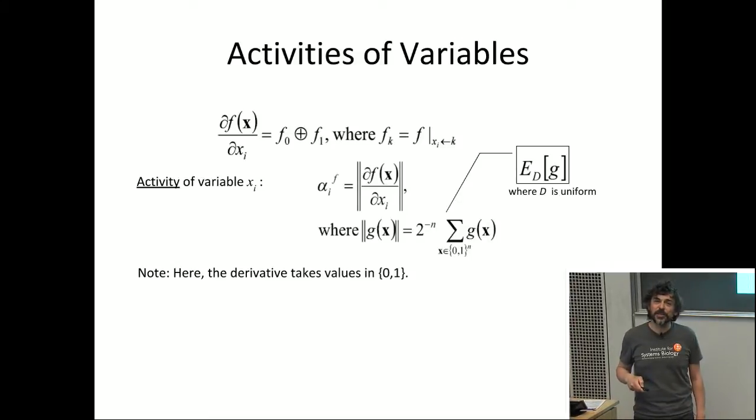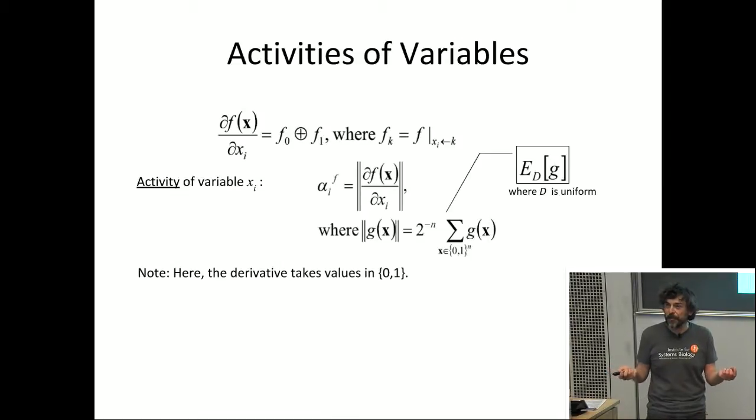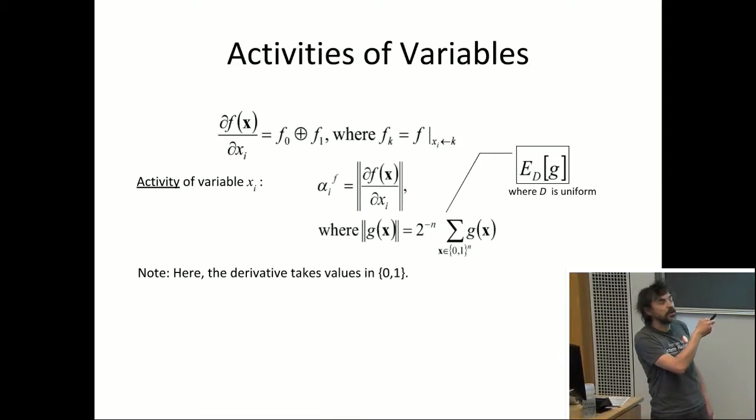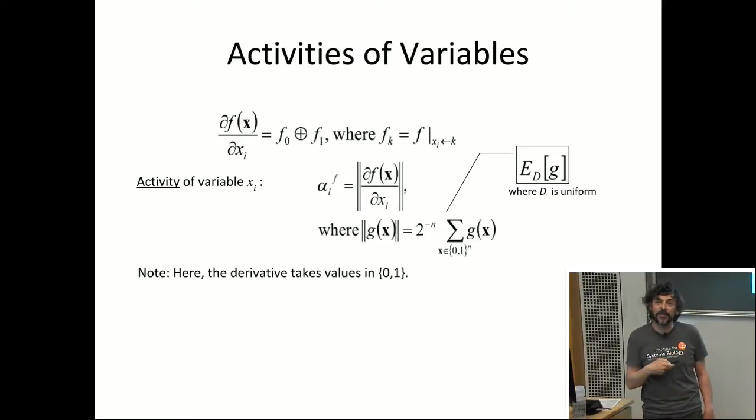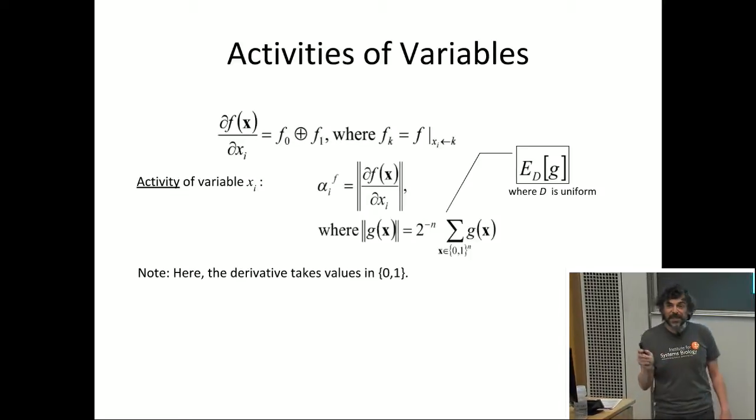So we take exclusive OR of the Boolean function when you stick a 0 or a 1 into that input, okay? That's all that means. So it's addition modulo 2 of these f0 and f1, where f0 and f1 just represent sticking a 0 or a 1 in the ith variable. Okay, that's the partial derivative.